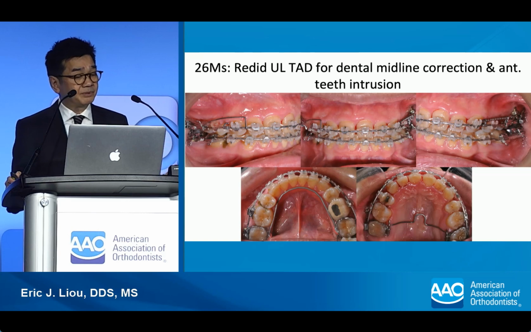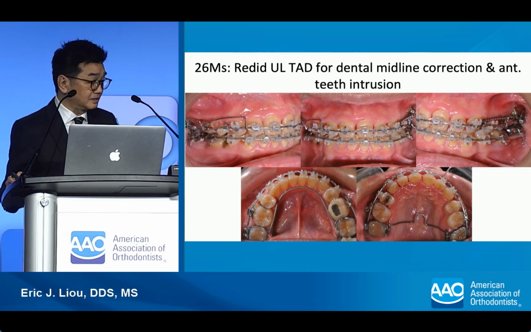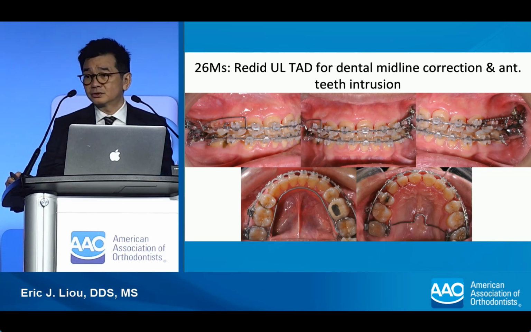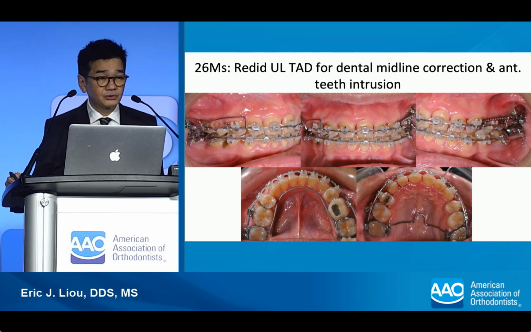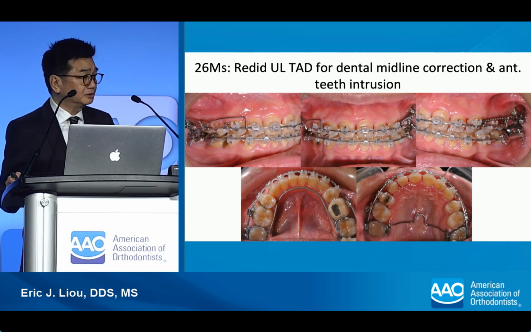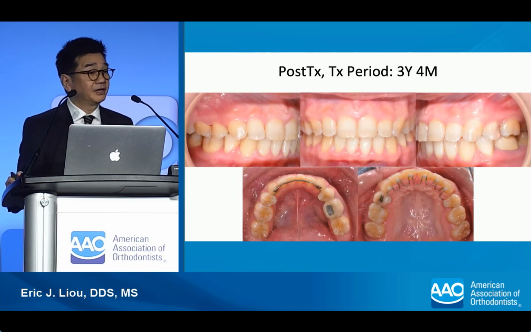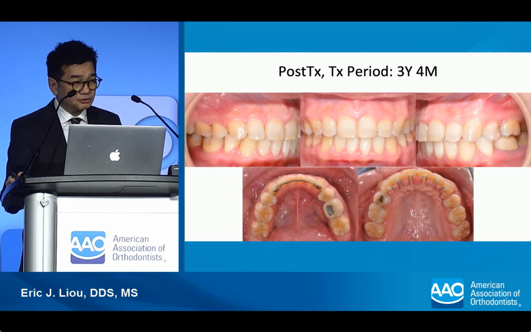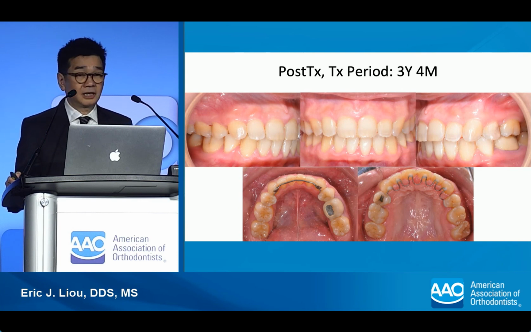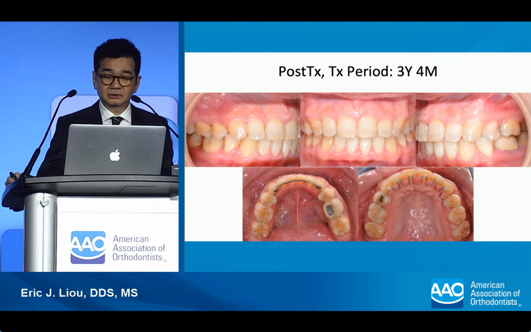So I put the upper left TAD back there, not only for more intrusion of the upper anterior teeth, but also for helping improve the upper dental midline. Overall, I spent 3 years and 4 months to treat her and get an acceptable, decent occlusion.